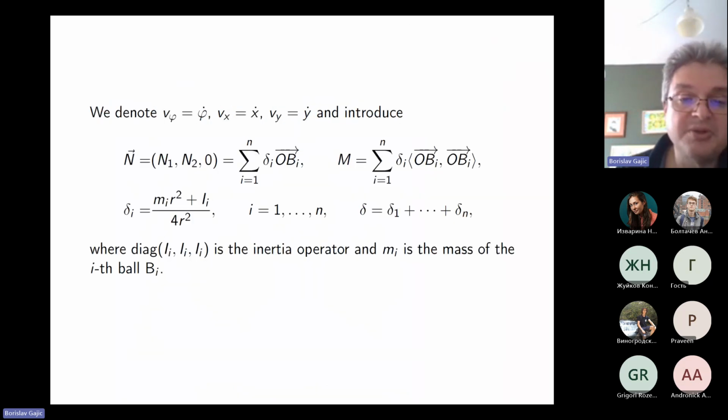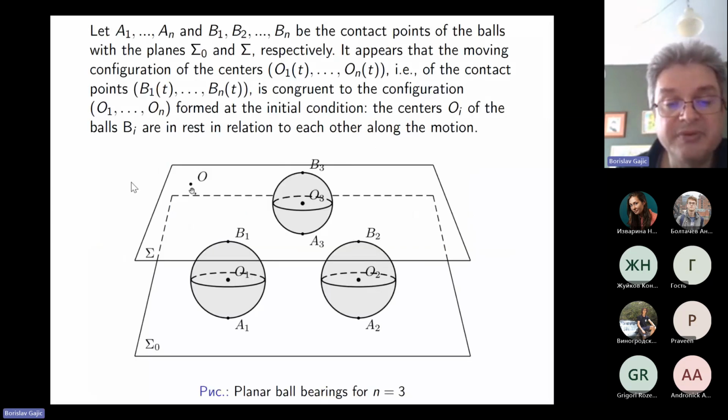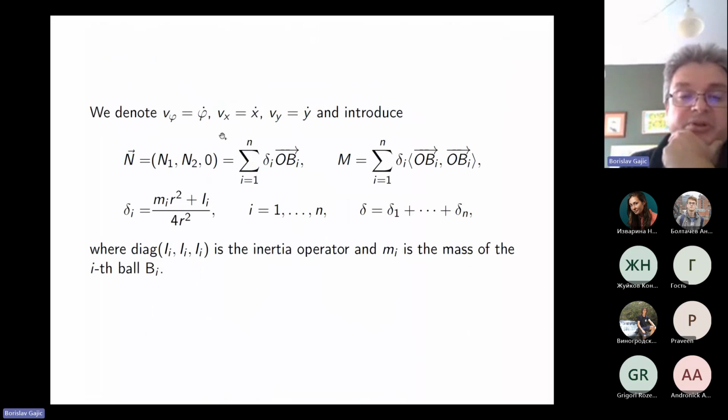We introduce vectors n and m in this way. O is a point fixed in the moving frame. B is a point of contact, A is a point of contact, with the same definition of nonholonomic constraints. For the configuration coordinates, we can take the vectors in the moving frame, which are the coordinates of the balls, and we define this vector n to be this sum.